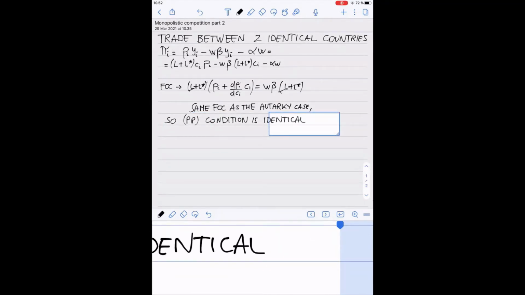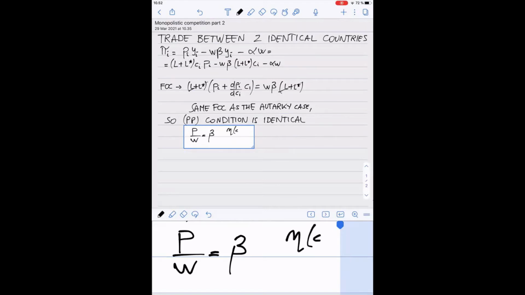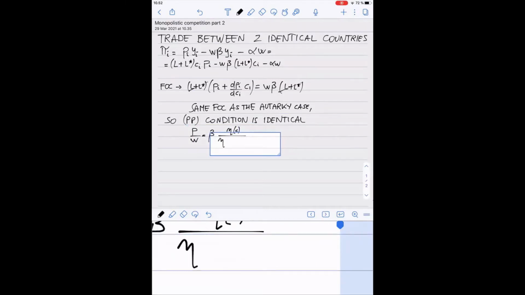So the PP condition is identical to the autarky case, and let us recall that it was P over W equals beta, the marginal, the variable labor requirement, times the markup, which was eta(C) over eta(C) minus 1, because those firms are identical.